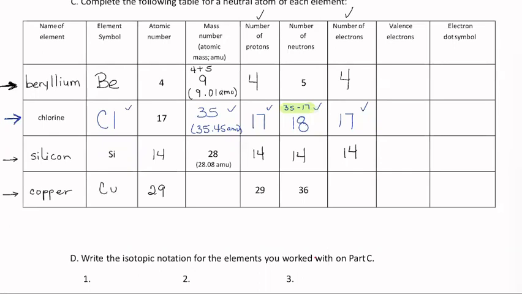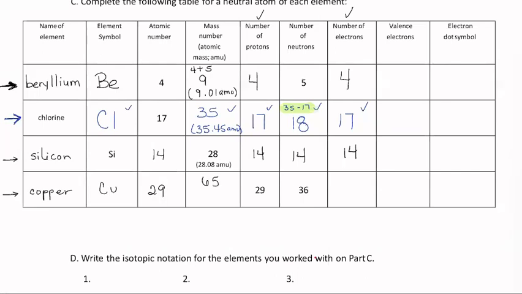Okay, now I want to specify something when it comes to this. Observe that I gave you a number of protons and a number of neutrons here. So when it comes to the mass number, okay, and you are given protons and neutrons, what we're going to do is add those two values. So you're going to say 29 plus 36. That is going to be 65 as a mass number, okay?